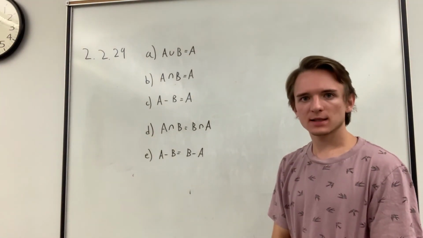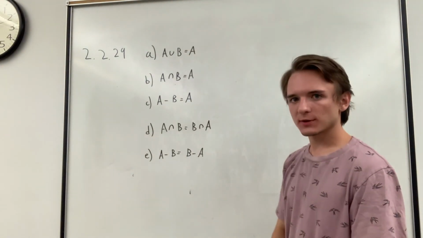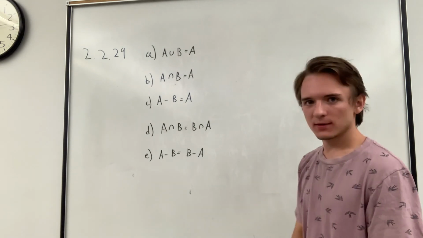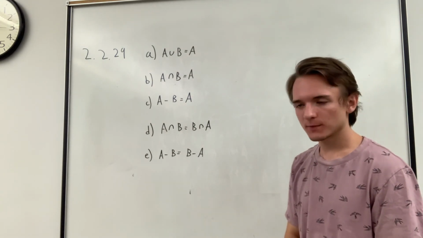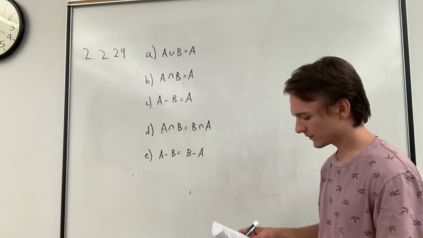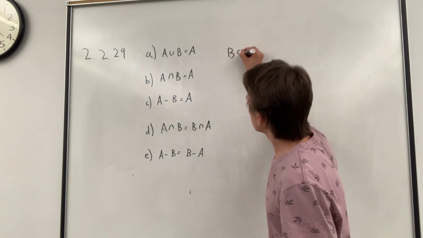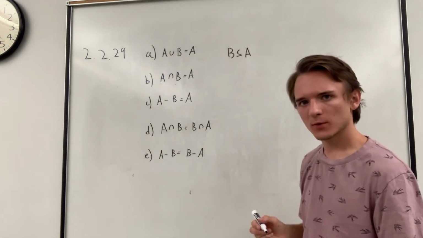What can we say about the sets A and B? A union B is equal to A. Well, this is actually only true when the following occurs. When B is a subset of A, right?